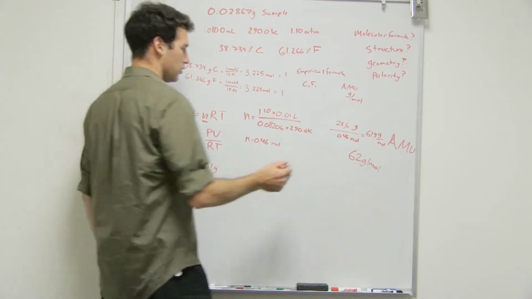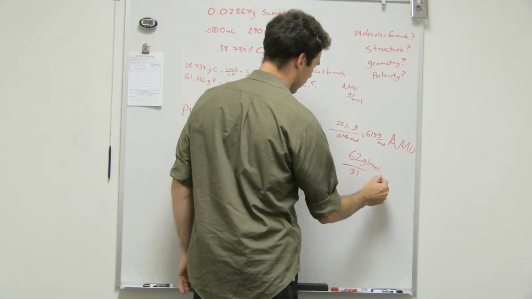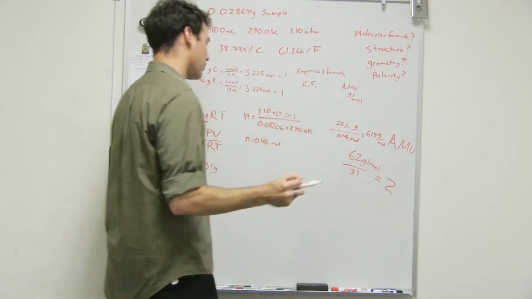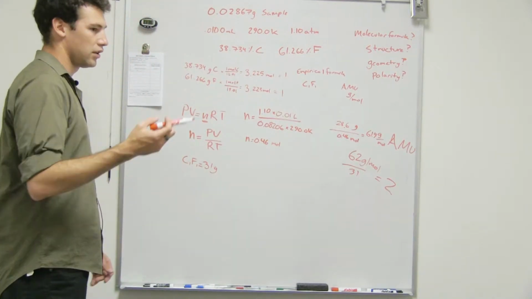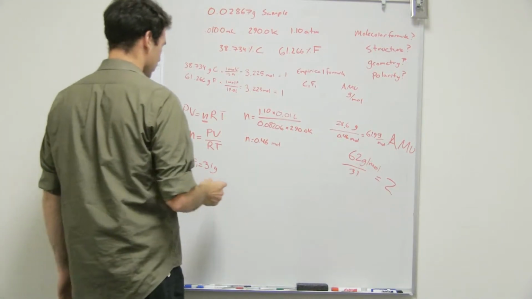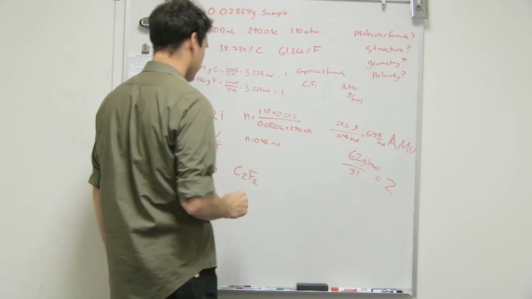So what we do, we just divide this by 31, and it equals 2, which means that this guy needs to be doubled in order to reach the molar mass. So this guy is really going to be C2F2.